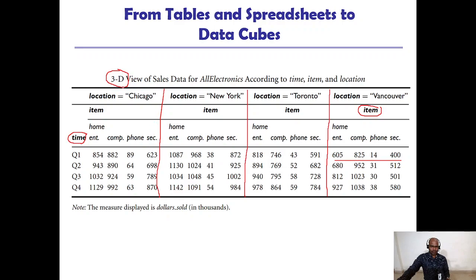A collection of two-dimensional tables forms three-dimensional data. So this is the sales data of location Chicago for these particular times, and of New York, and of Toronto. Means a 3D view is nothing but a collection of 2D views.